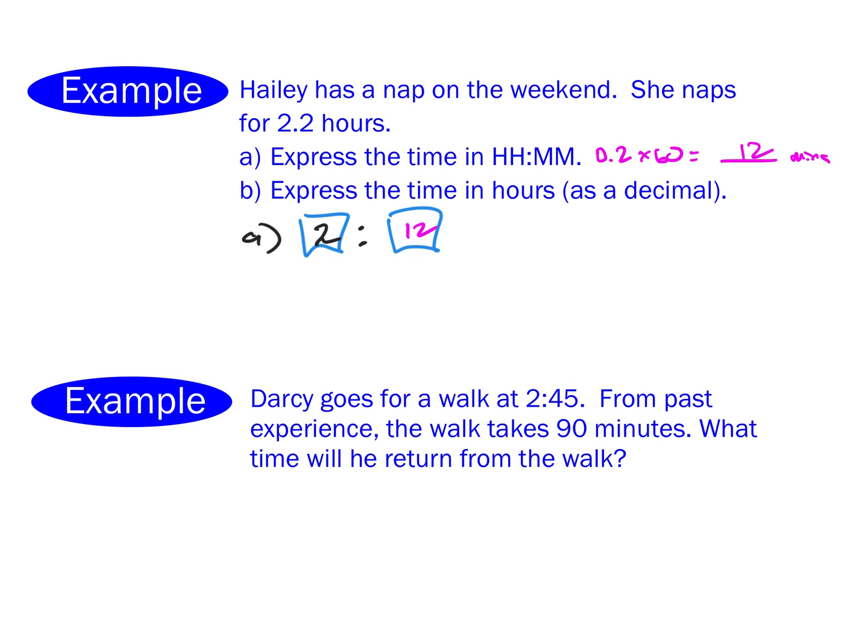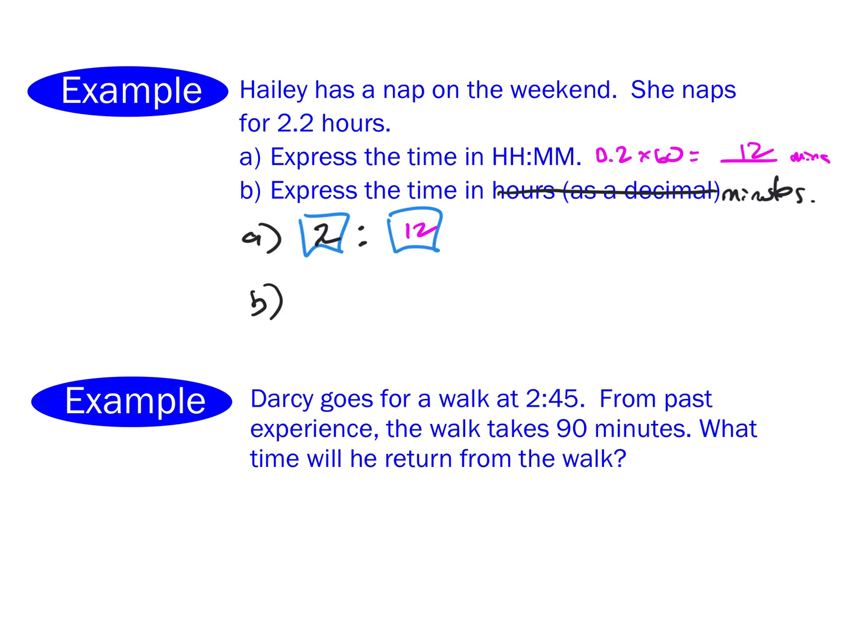Now, part B is asking for something we already have. So we're just going to forget about this and just say minutes. What would this time be in minutes? So if she slept for 2 hours and 12 minutes, what would that be in just minutes? What do you think? 132.